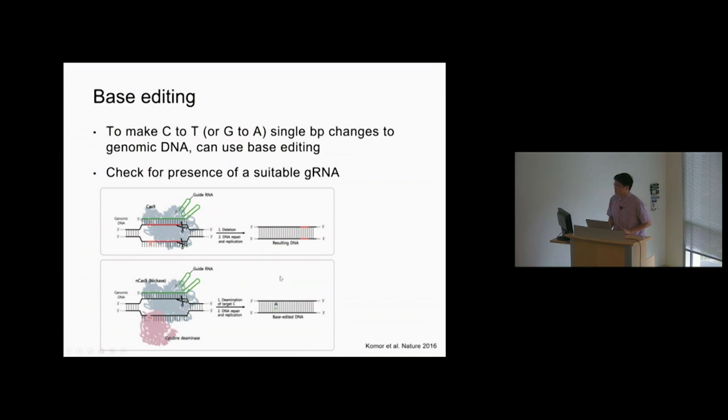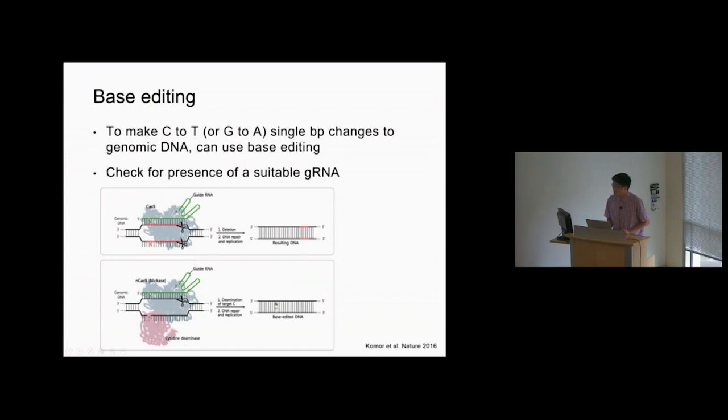So how this works is normally you have Cas9 create a double-stranded break, you supply some kind of a template or rely on NHEJ, and you get a mutation there. With base editing, you have either a nicking Cas9 or a catalytically inactive Cas9 that's fused to a cytidine deaminase domain.